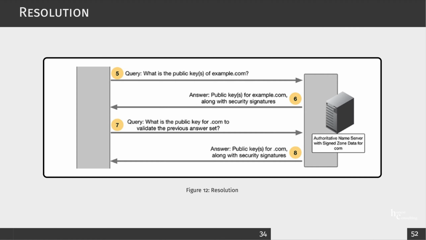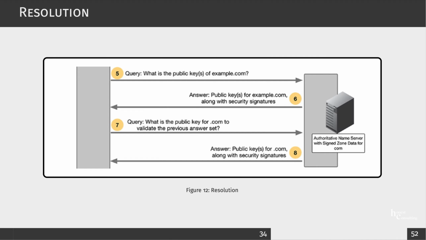In the next step, the system, so the validating resolver, is asking for the public portion of the keys that were used to sign the entire DNS zone, and the authoritative server is providing the answer what record was used to sign the zone itself.